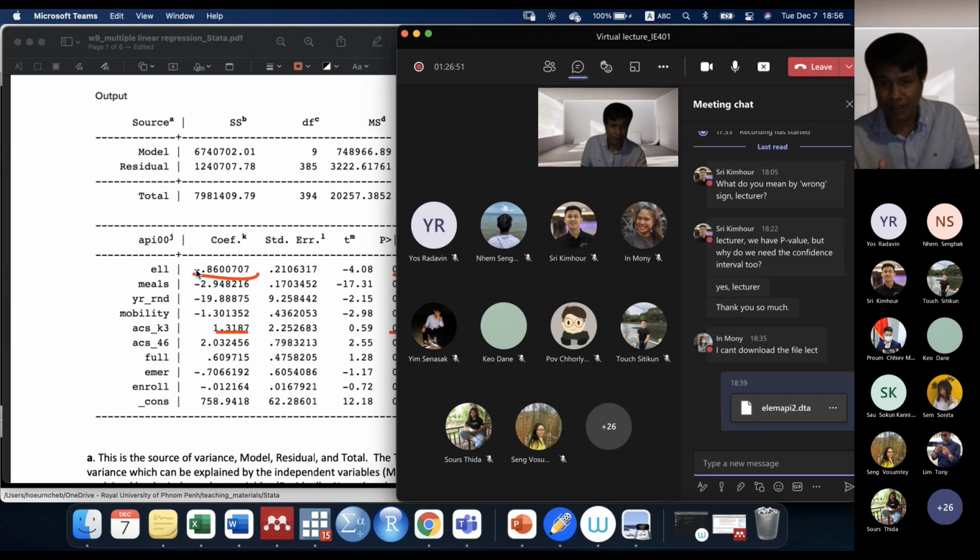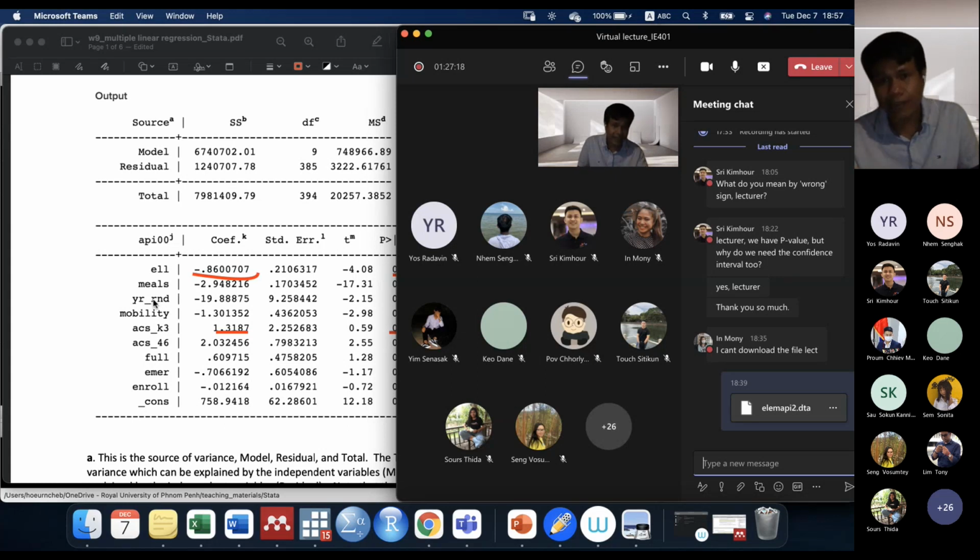You believe that the sign is wrong. If that is the case, you need to reanalyze it. Your model is wrong. How is it wrong? Probably you included an irrelevant variable, or probably you missed some important variable that you did not include in your model.